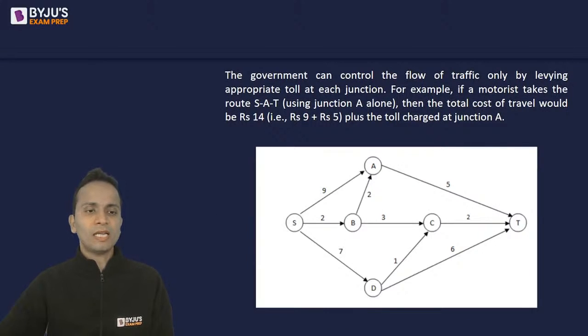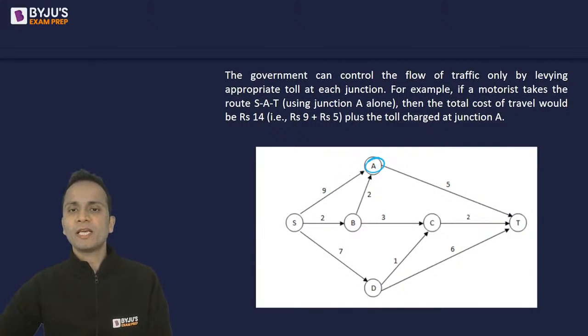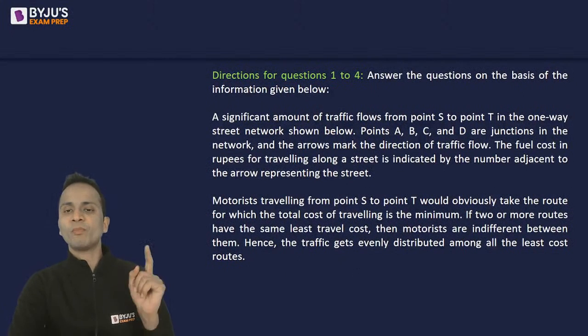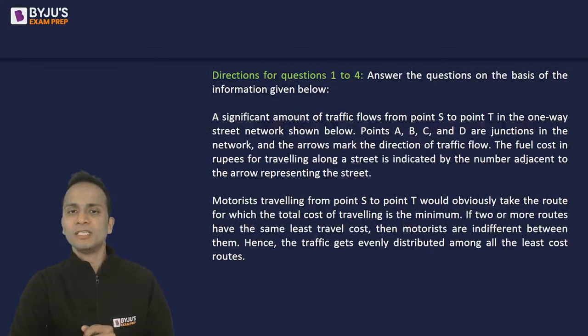I'll quickly mark them. So points A, B, C and D are the junctions, and the traffic is flowing from point S to point T. The arrows mark the direction of traffic flow.